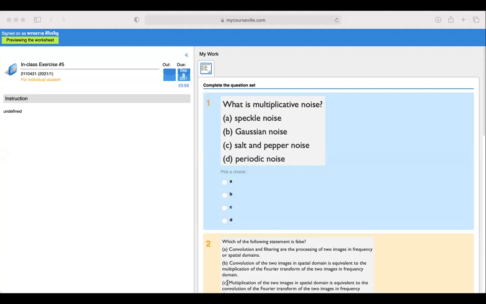So we apply log to make the low values a bit higher. If you remember the log transformation in the second or third week, the log transformation will bring up the small values for us to see. So that's why we apply log. It's a very good question.